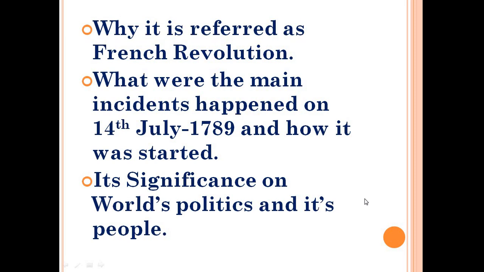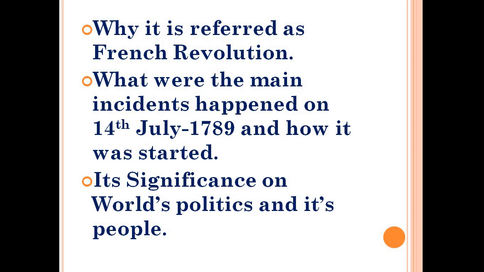So, let us first understand what happened on 14th July, which resulted in one of the biggest events of world politics, that is the French Revolution. In this chapter we will flashback of the events. That means we first discuss the event, then move to the reasons behind it.